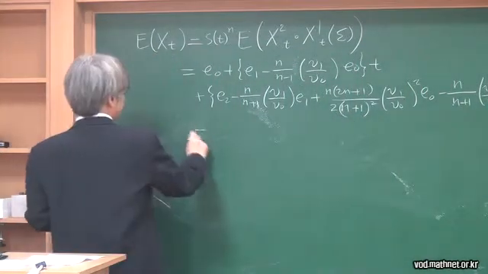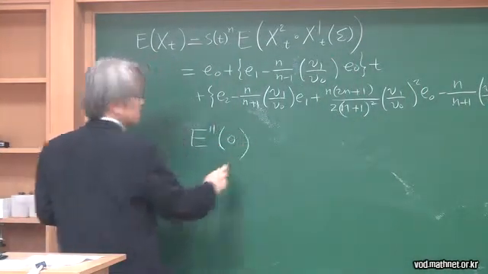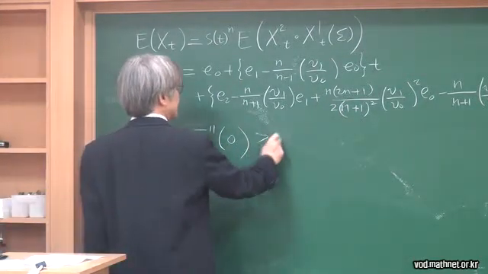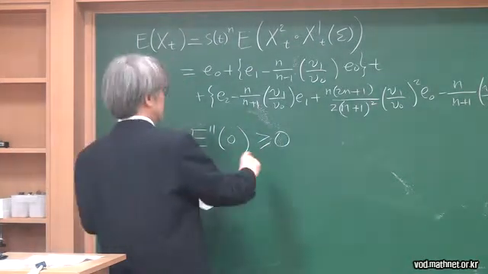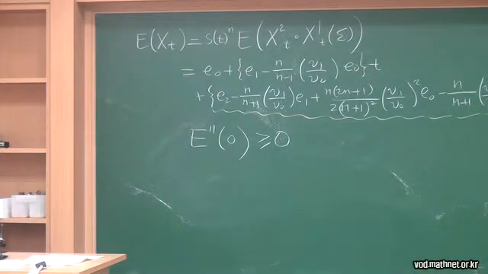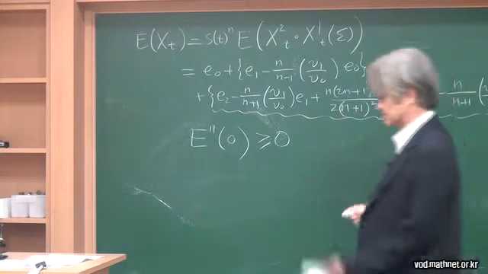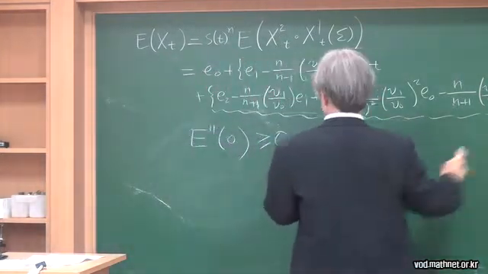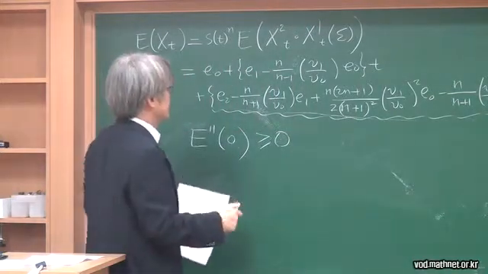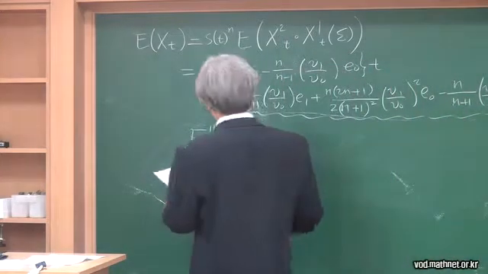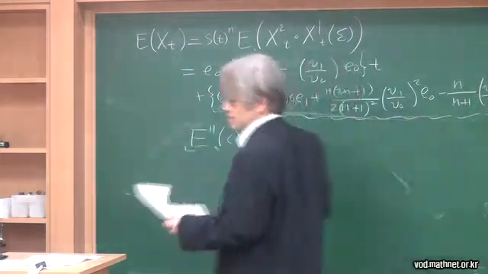Okay, then we assume that it's stable. So the second variation of energy, the initial second variation, has to be positive. Okay, so this second variation is exactly the coefficient of the t squared term. Okay, so this has to be bigger than or equal to 0, and then after some steps we can express this as follows.